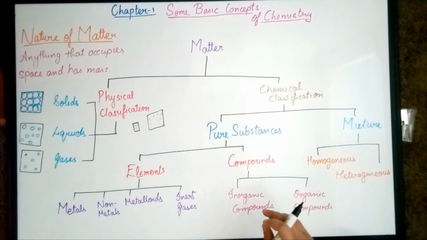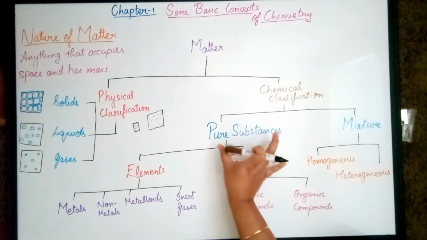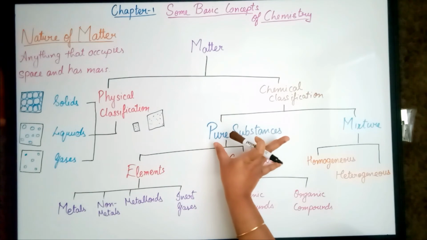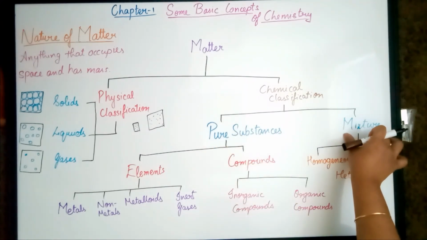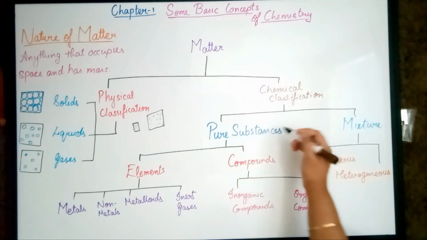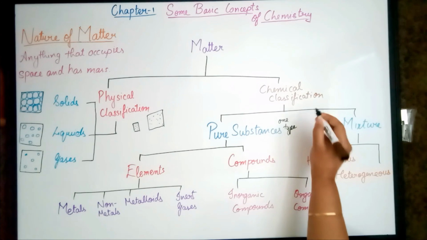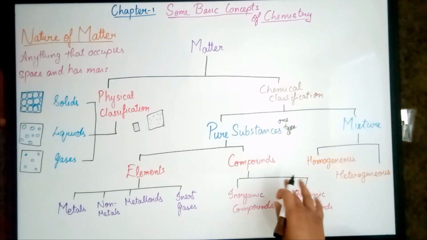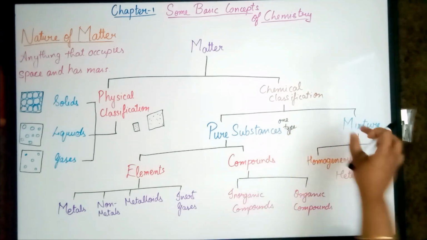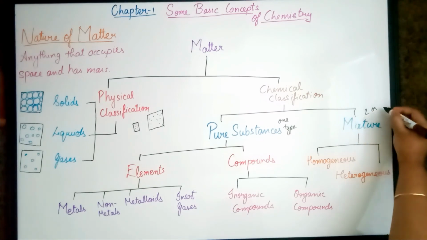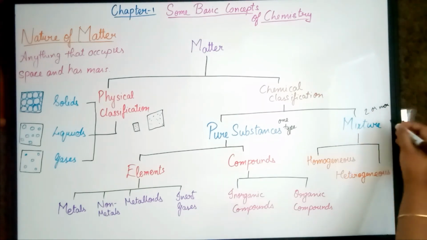With respect to that, we have two main types: pure substances and mixtures. Pure substances contain only one type of atom or molecule, whereas mixtures will have two or more types of atoms and molecules.